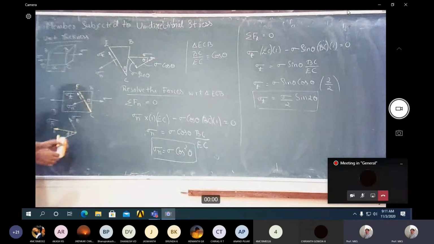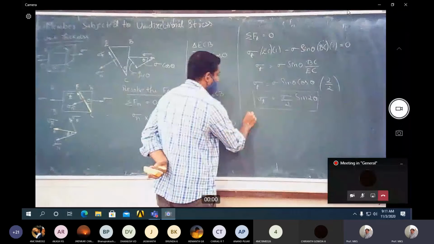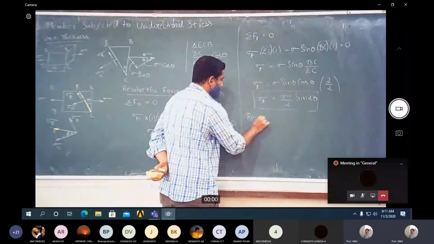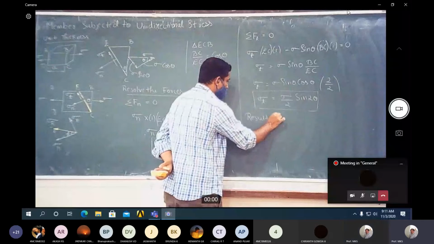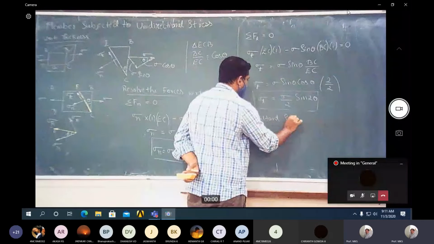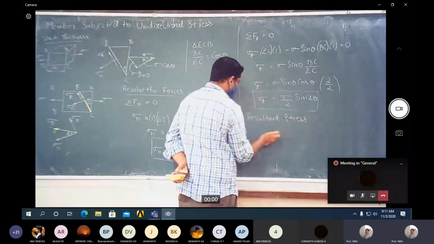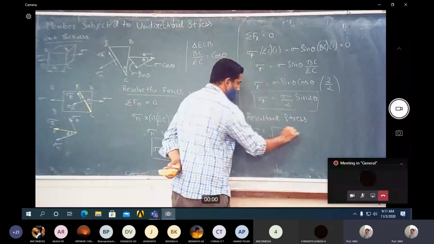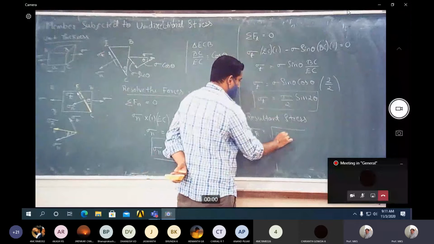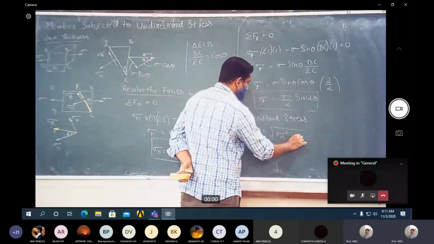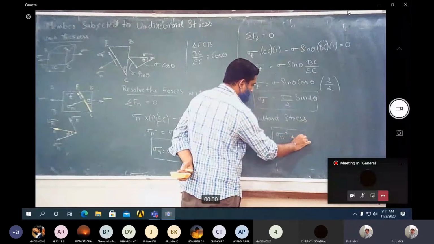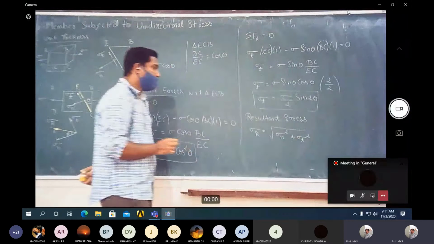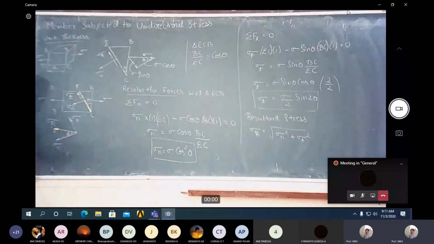In the problem they will ask you to find the resultant stress. It is given by sigma r, which is equal to root of sigma n square plus sigma t square.